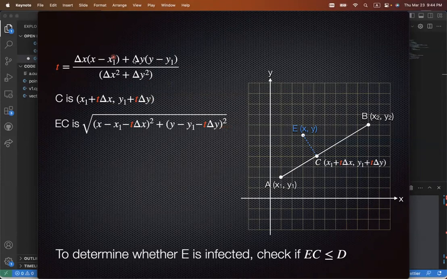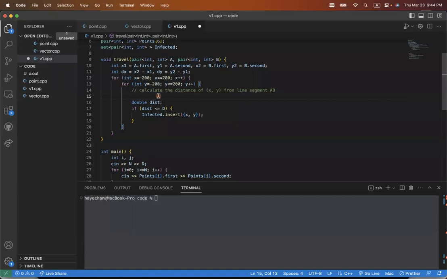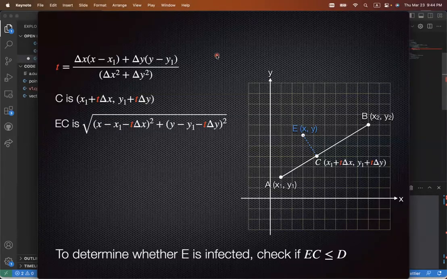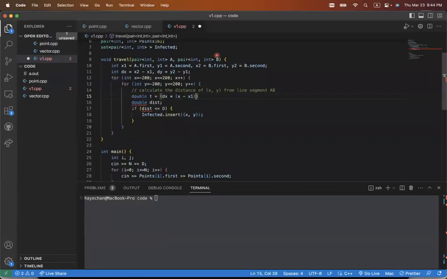So t is this formula: dx times x minus x1, plus dy times y minus y1.